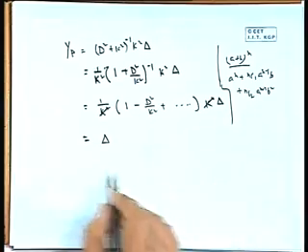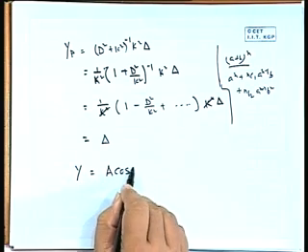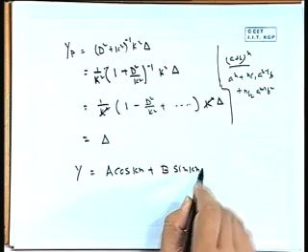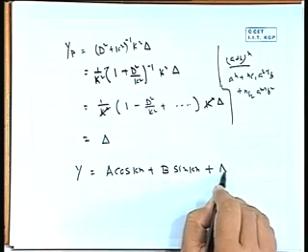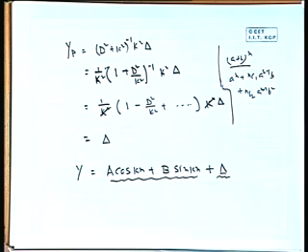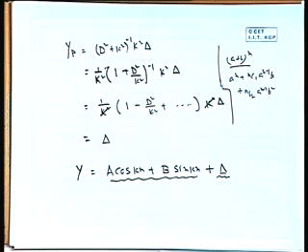So we can write y equal to A cos kx plus B sin kx plus delta. This part was the complementary part, and this part is the particular integral part. Now this is the solution of the cantilever beam.